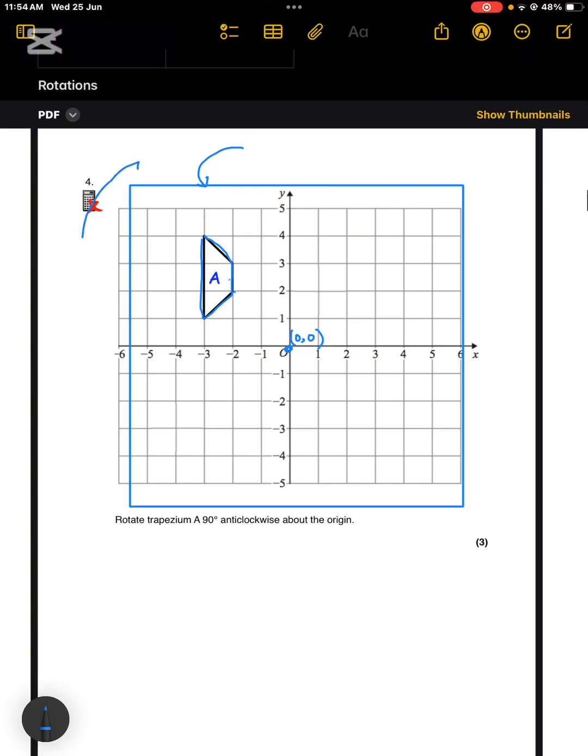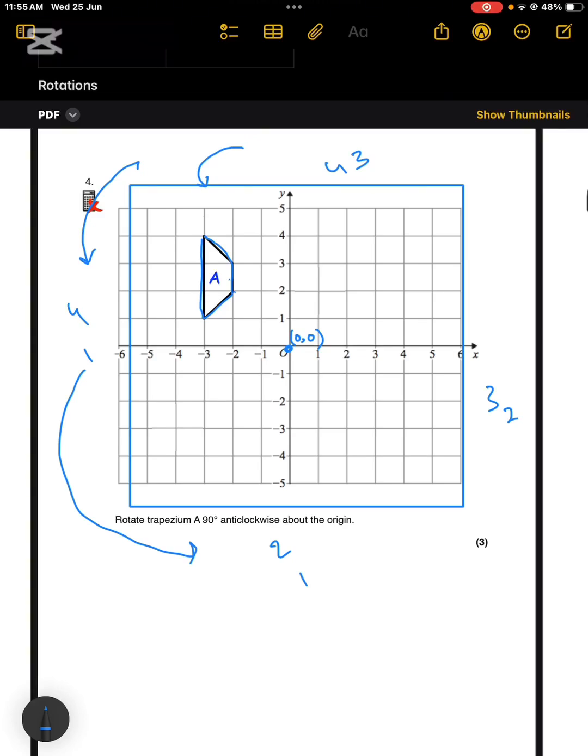I mean in this direction, 90 degrees. So this side, this side, this side, let's suppose 1, 2, 3, 4. This side 1 will move toward side 2, and side 2 will move toward side 3, and side 3 will move toward side 4, and side 4 will move toward side 1.